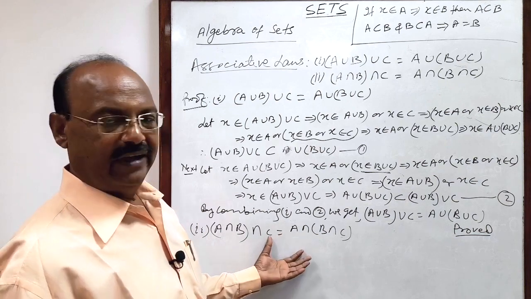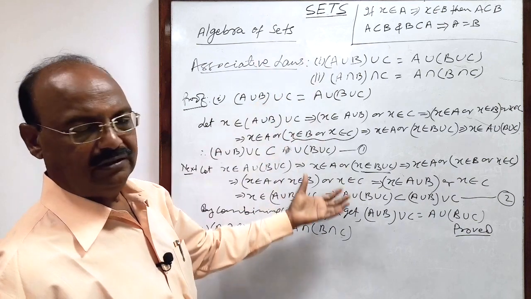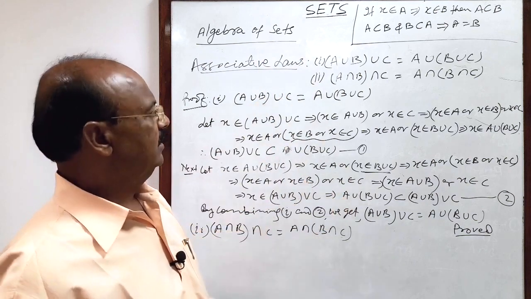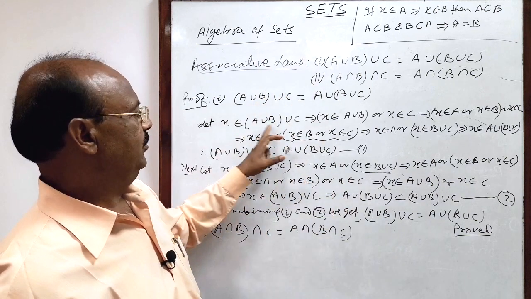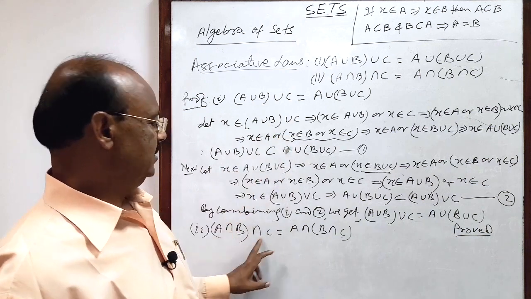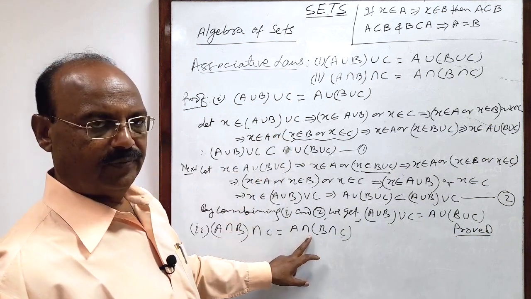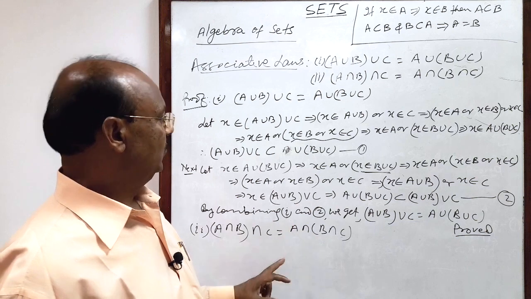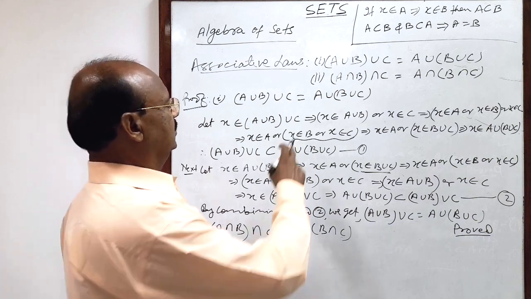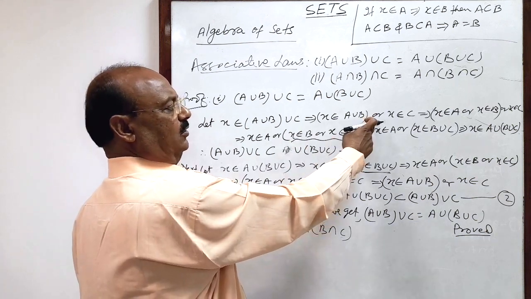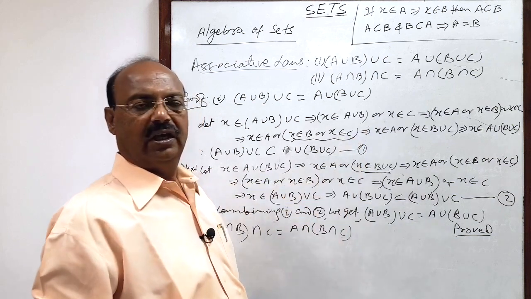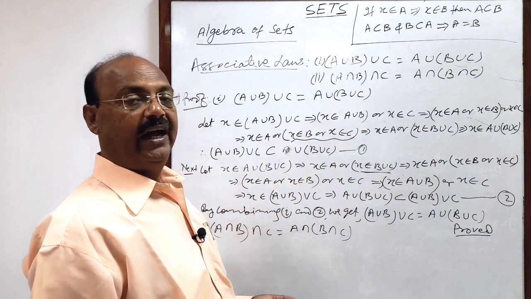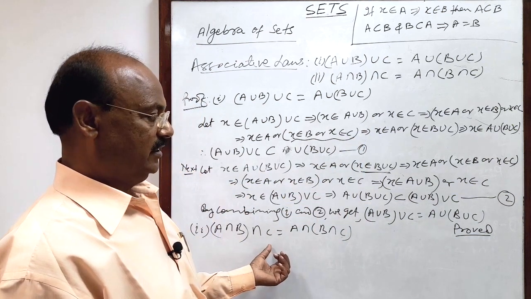You can do it very easily on the same pattern. The only thing is that in place of union you have to put the intersection sign, and in place of the word or, we have to use another word which will be and, due to this intersection.